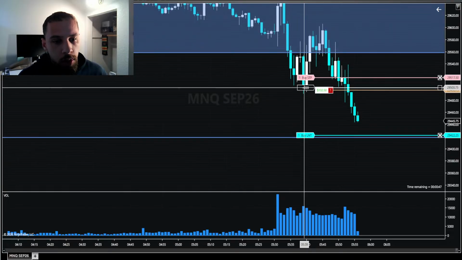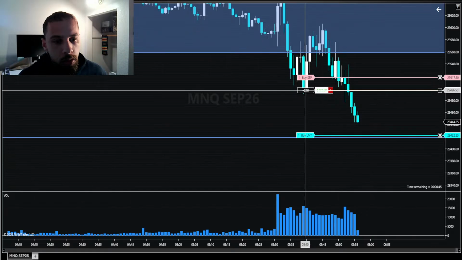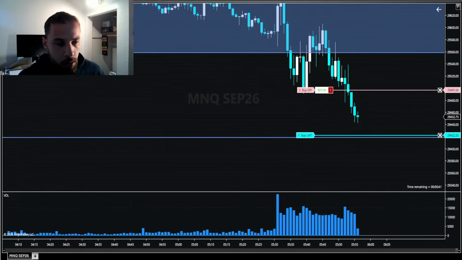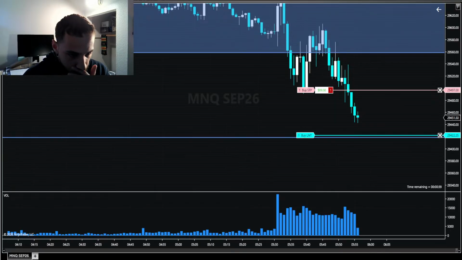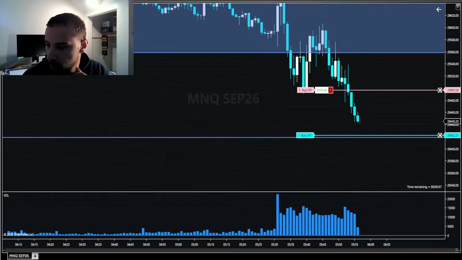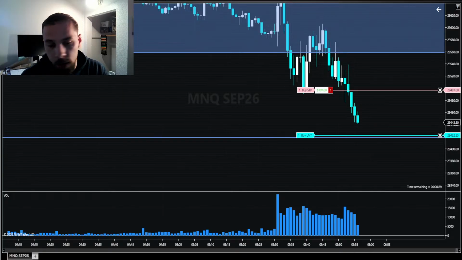Move my stop to break even. So now it's a risk-free trade. If it doesn't work out, it doesn't work out. But if it does, it'd be great. Volume slowly drying up here. It'd be really nice to have a quick flush candle and then a bounce, but ideally try to fill my order.